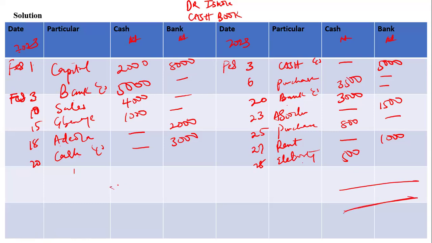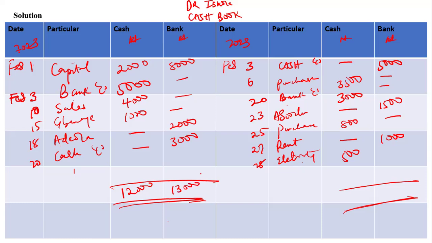So let's get our calculator. And don't forget to use our ledger. So you pick your calculator. 2,000 plus 5,000 plus 4,000 plus 1,000 will give you 12,000. Then what is the next one for the bank? 8,000 plus 2,000 plus 3,000. That'll give us 13,000.